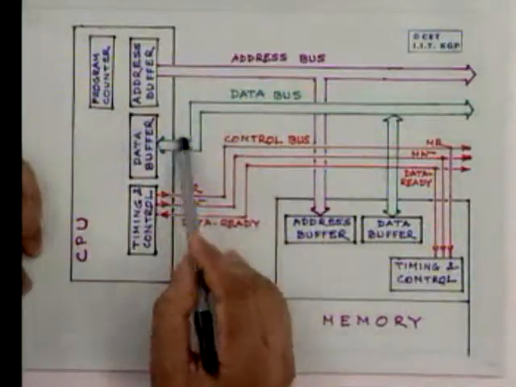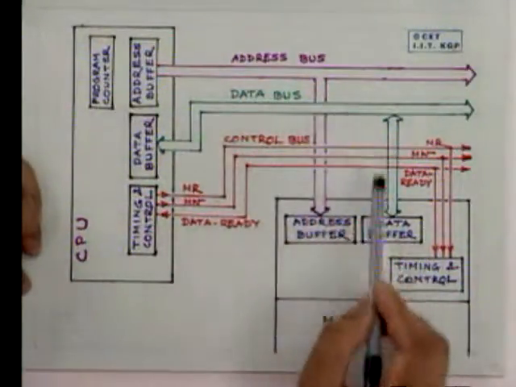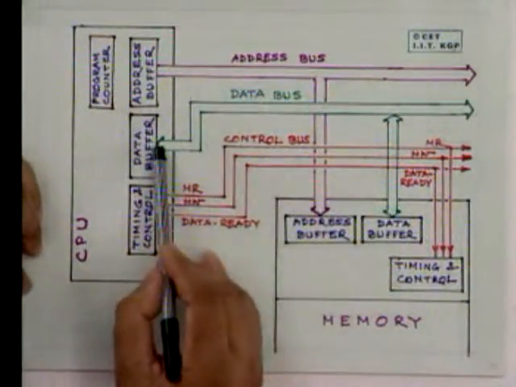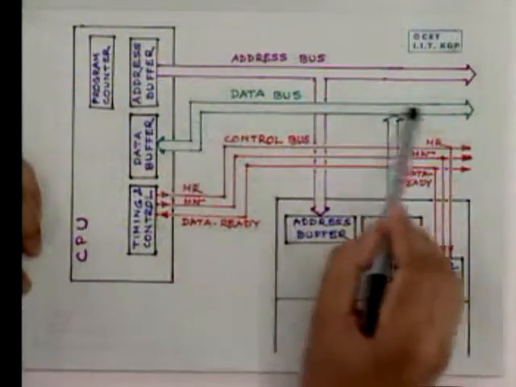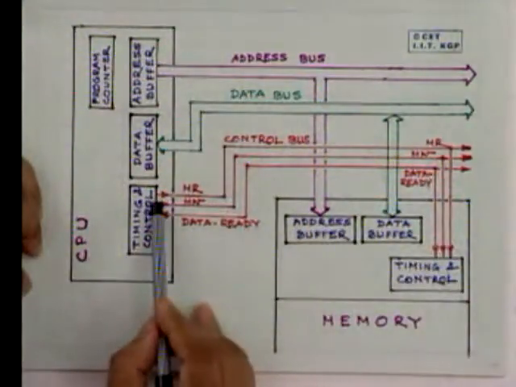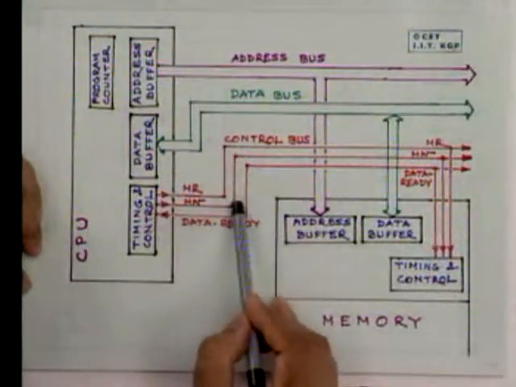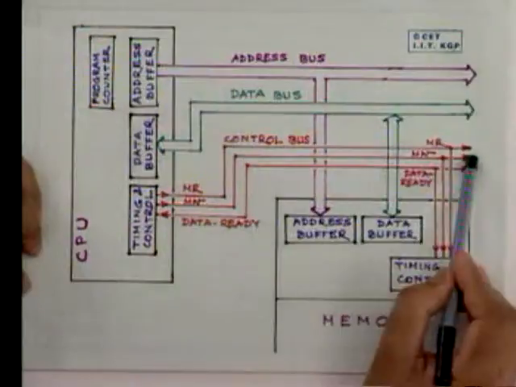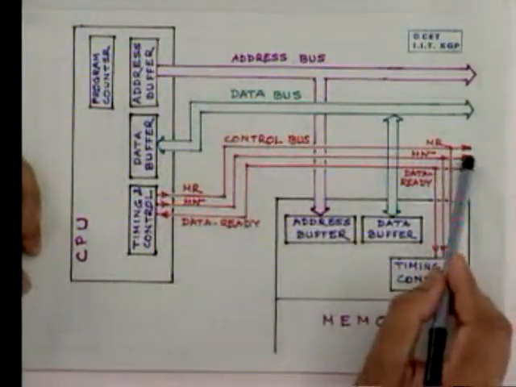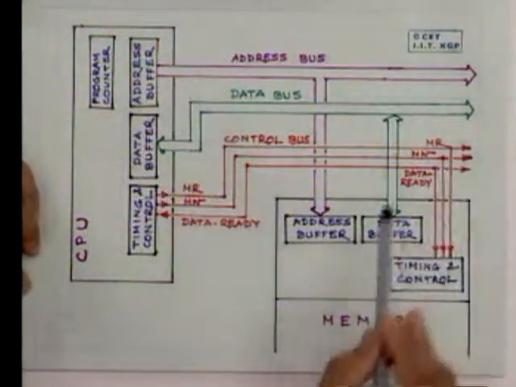That address bus content is latched by the memory into the address buffer. The data that has to be written into the memory, the CPU will throw onto the data bus and signal the memory write by exciting the memory write control line.